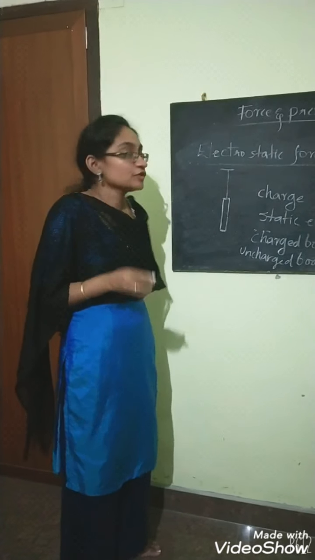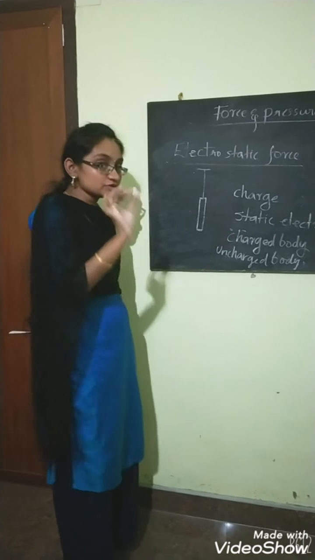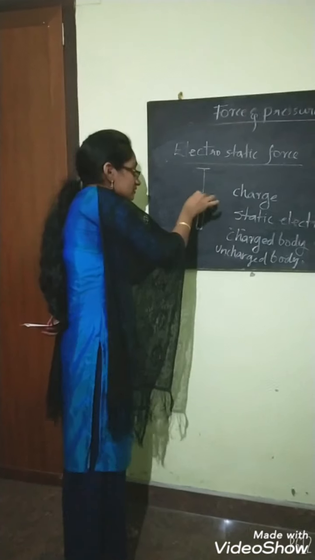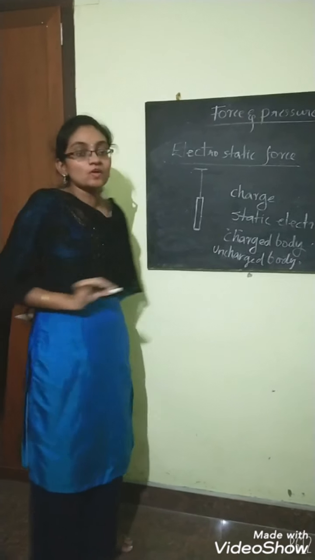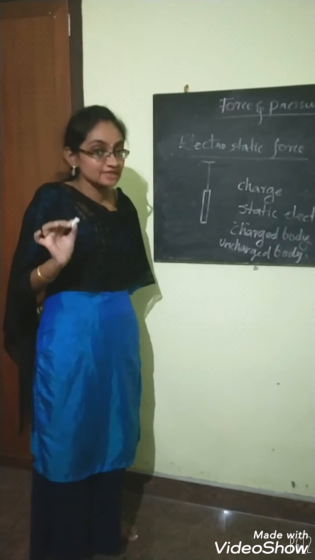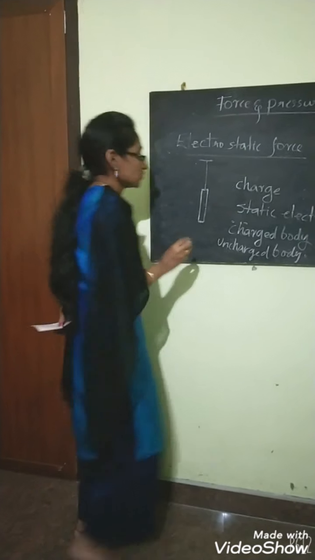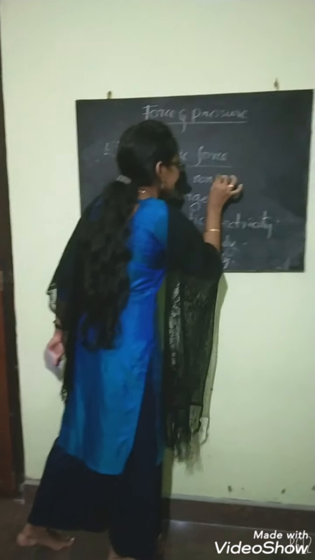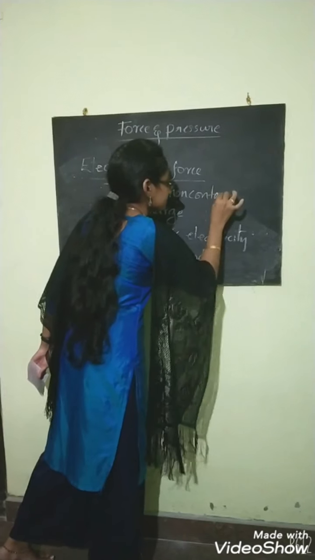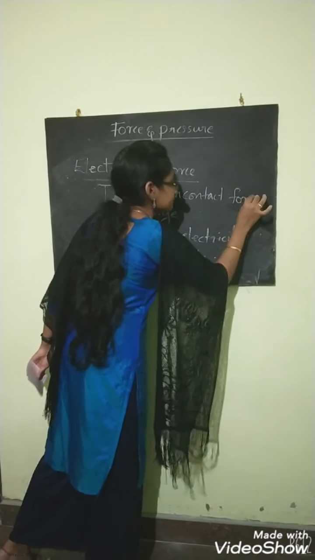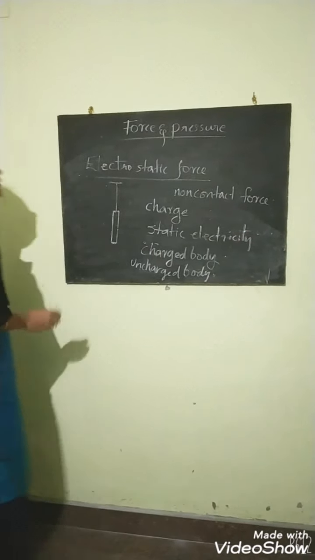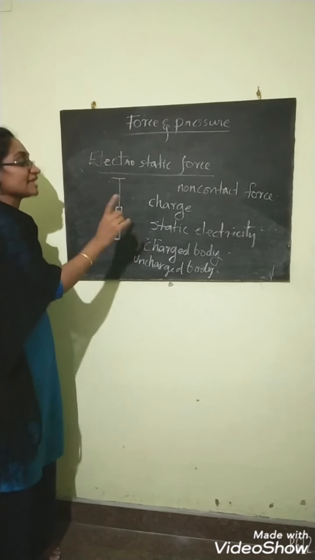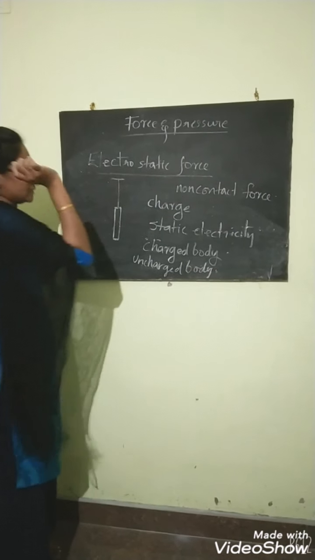In the experiment, you may observe that I am not touching this straw with the other straw. So, here the force that takes place is a non-contact force. So, this electrostatic force is an example of non-contact force.